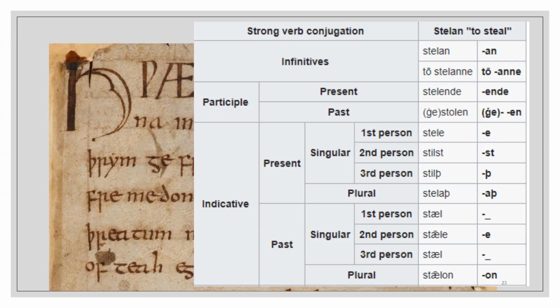In Old English, you would get a suffix that would mark that verb as an infinitive, and then you would get a different suffix, a different form of the verb, if it's in the present or the past, if it's first person, I, second person, you, third person, he, she, or it, plural would be they or we.